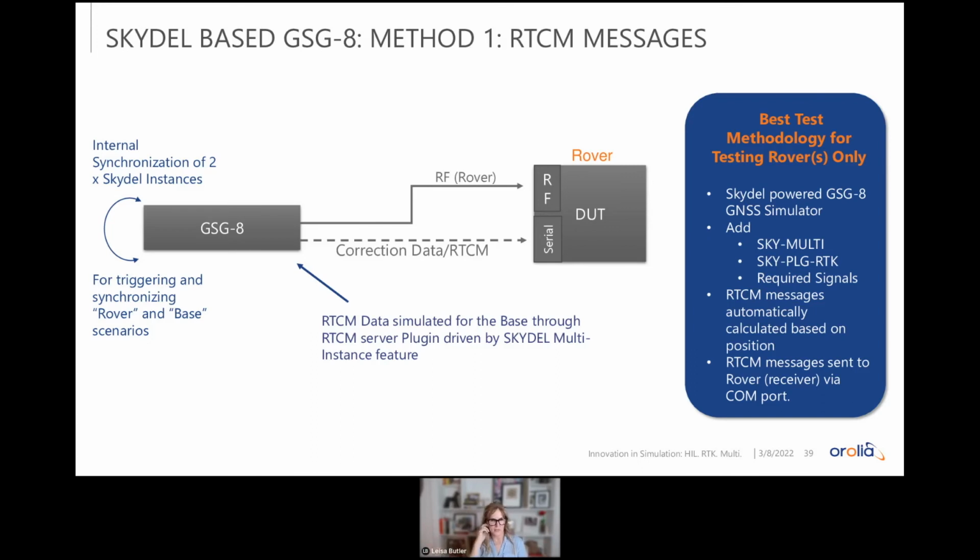So if it's GPS L1, L2, L5, BeiDou B1, B2, Galileo E1, E5, you would add all those signals, or you'd replicate those signals with the Sky Multi and then support with the RTK or the RTCM messages. And those would be automatically sent based on the position of your base. So that's one option, and that can be supported.